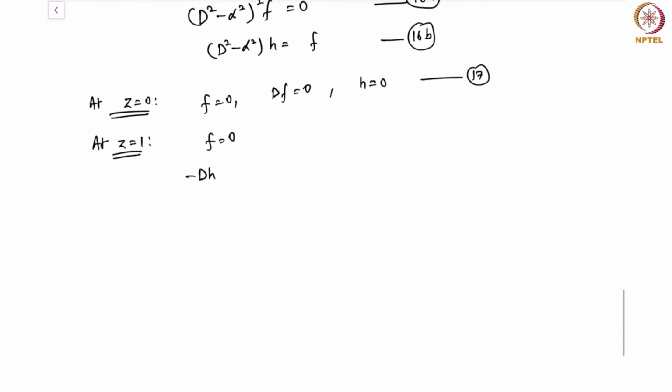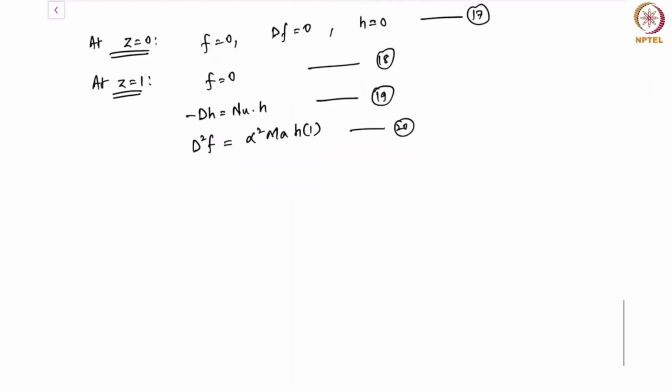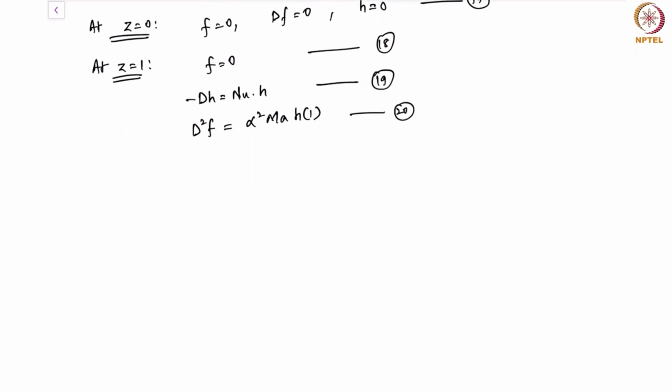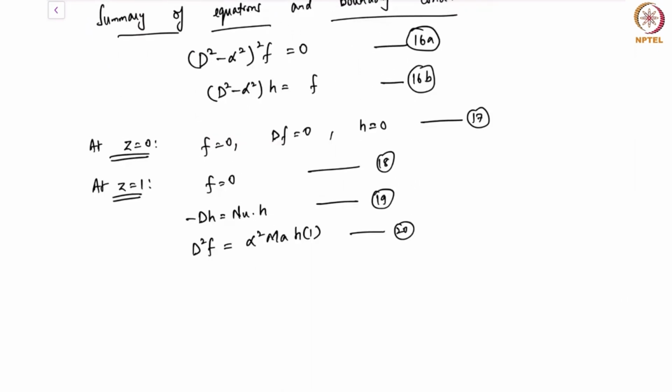Then we have minus dh is the Nusselt number times h, and finally the last expression that we just now got, d square of f is alpha square Marangoni number times h at 1. So these we called equations 18, 19, 20. Okay. So now we have these equations.